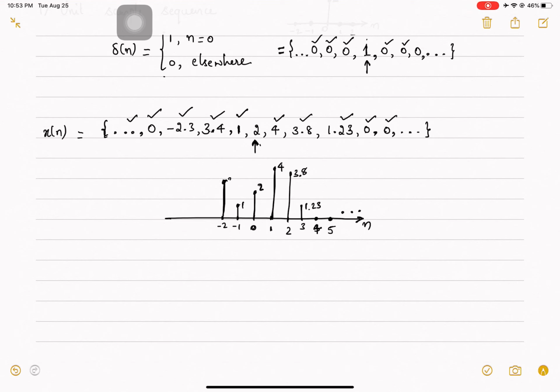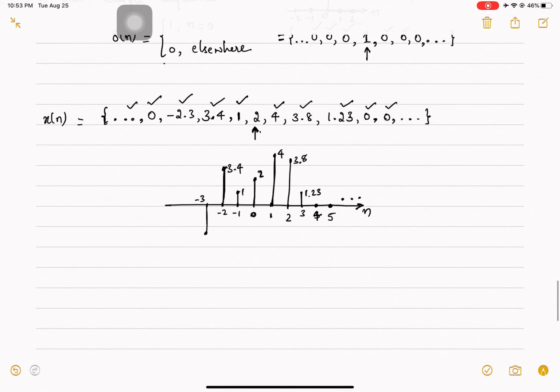Okay, so it is 3.4. At n equal to minus 3, it is minus 2.3. Okay, right here, so on and so forth. This is my x of n. Okay, and it is 0 for n equal to minus 4, n equal to minus 5, so on and so forth on the left side.